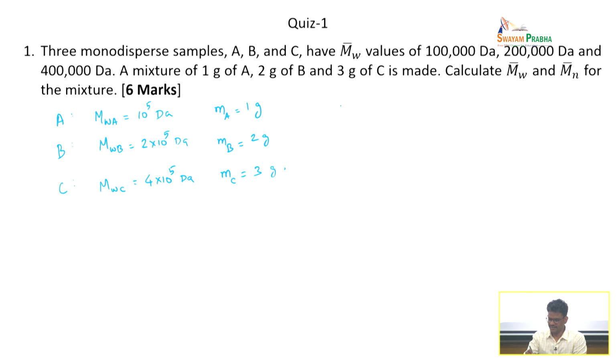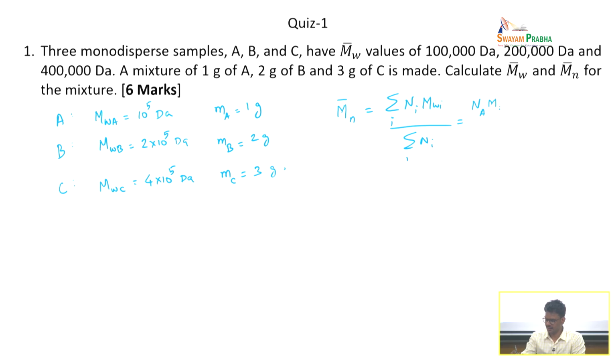So we need to calculate, let's say, the number average, which is written as sum of Ni Mwi over sum of Ni. Which means here we have 3 species.